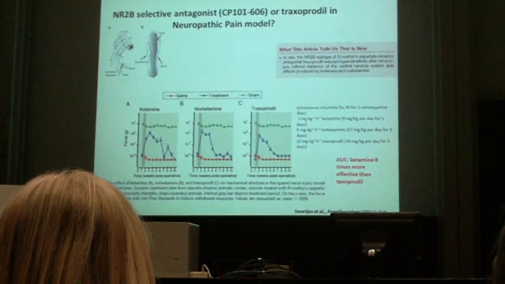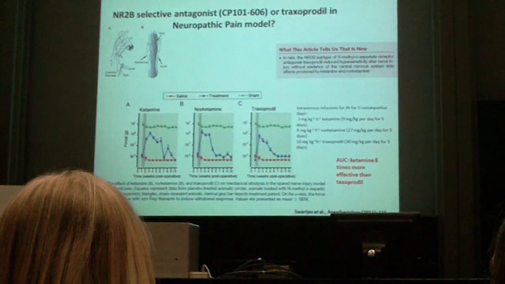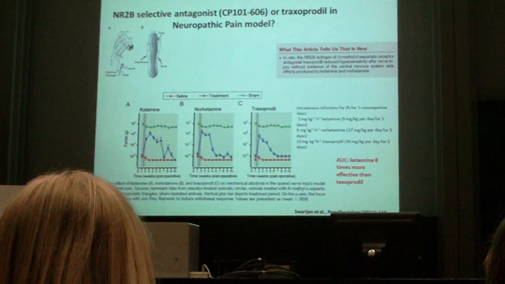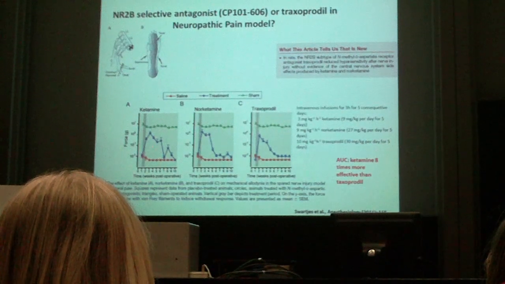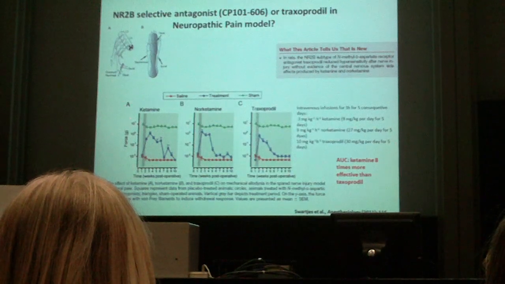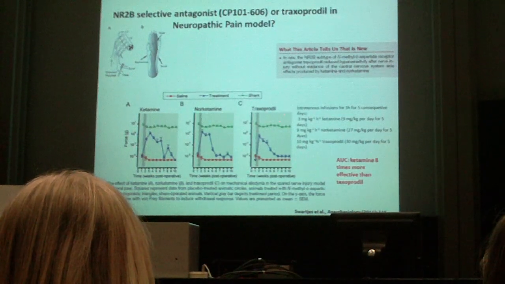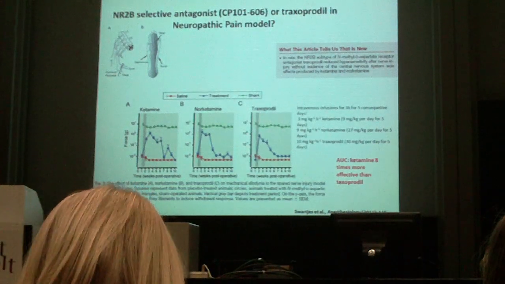Here they are very sensitive, so to 0.01 grams they respond by withdrawing the hind paw. And if you use ketamine, so you block the NMDA receptor, you see they are almost normal for quite a long time. This is weeks. But if you use traxoprodil, which is an NR2B antagonist, you have the same effect.